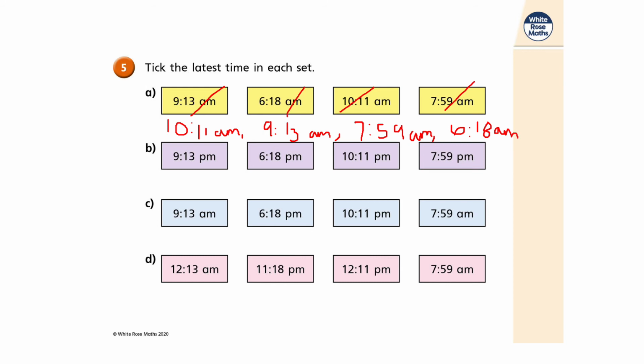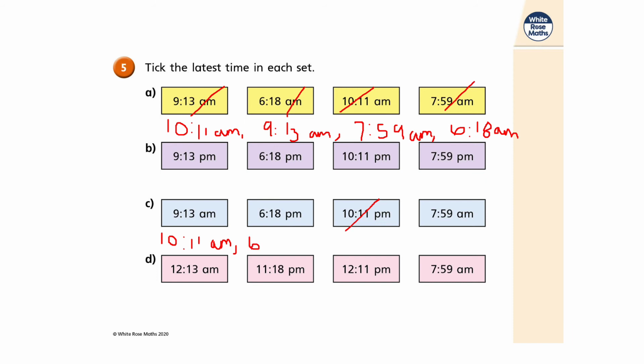And I'll do the same for C. But this time, if it's the latest, is PM going to come first or AM? Yeah, PM will come first because it is in the afternoon. So which one would come first? Which is the latest time? Yeah, it's 10:11. Crossed it out. Then it would be, oh, I've got another PM.